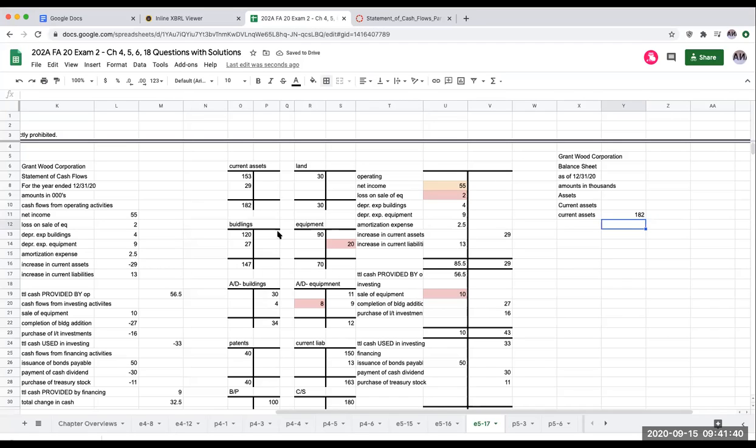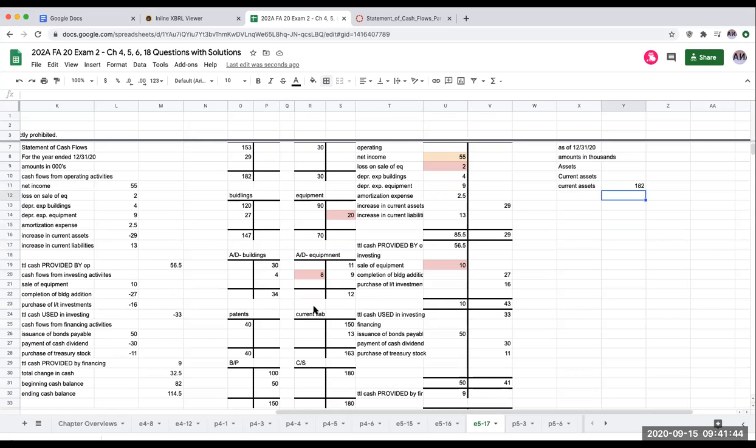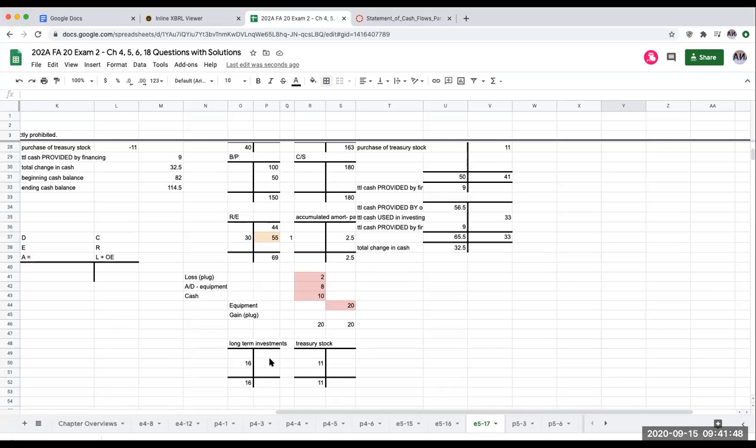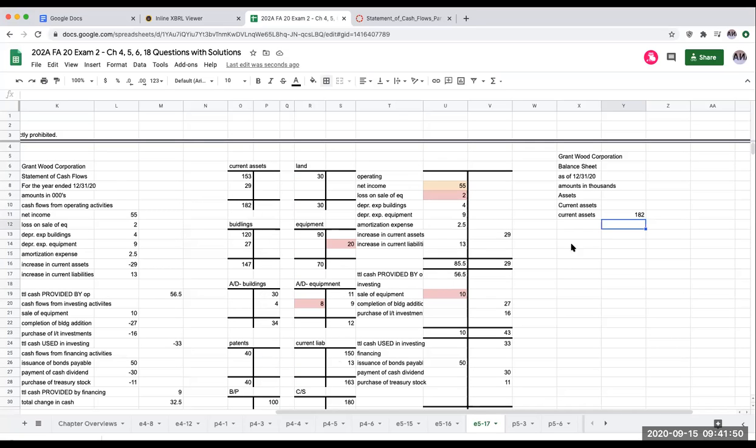Land, equipment, buildings, and the related accumulated depreciation, those are all non-current assets. So over here, including long-term investments and also the patent. Okay, so total current assets is going to be 182. For my non-current assets, okay, so this is going to be land.